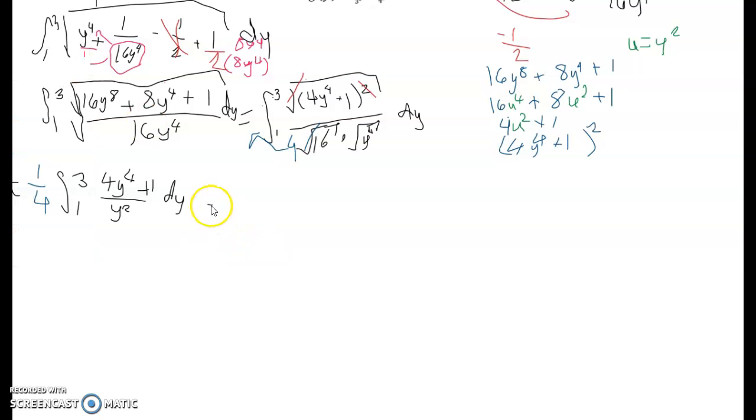And now that we have this all separated, we can make that equal to 1 over 4 of the integral from 1 to 3 of 4y squared over y squared dy. That's not right.